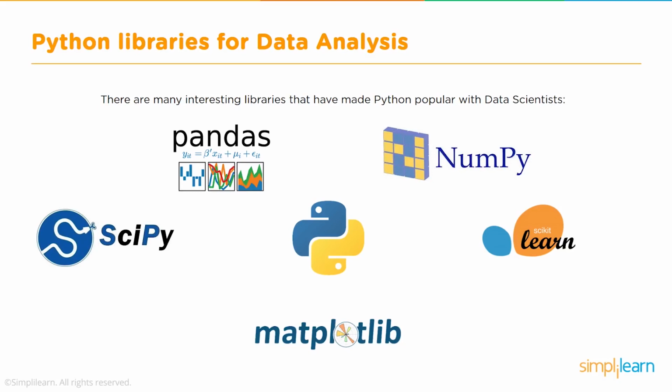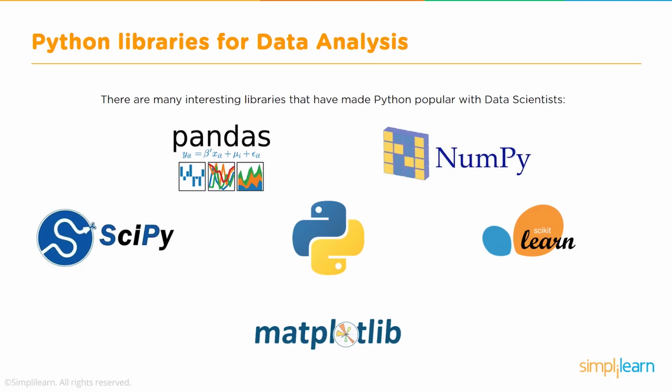So that's Pandas. SciPy, as the name suggests, provides more scientific capabilities. For example, it has linear algebra, Fourier transform, and so on. Then you have NumPy, which is a very powerful library for creating n-dimensional arrays. It also has some of the stuff that is there in SciPy, like linear algebra and Fourier transform.